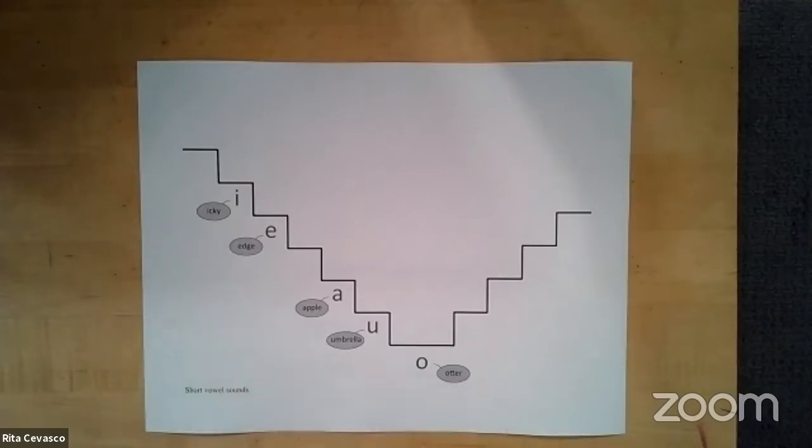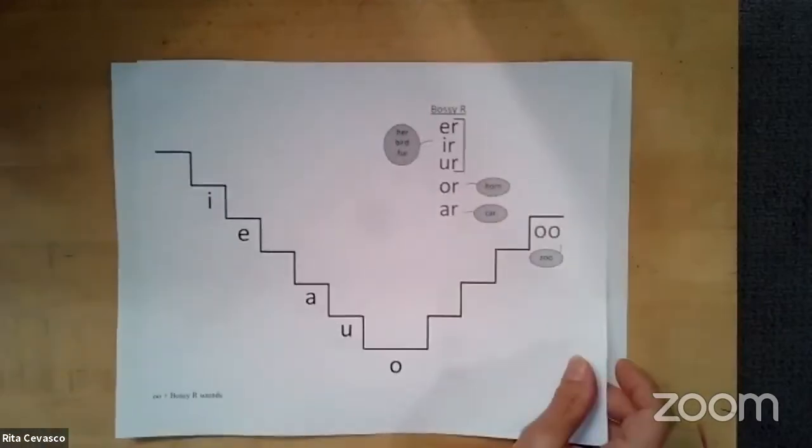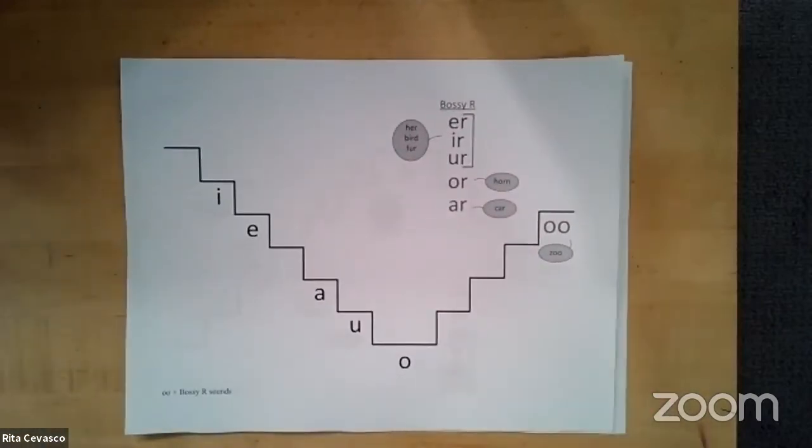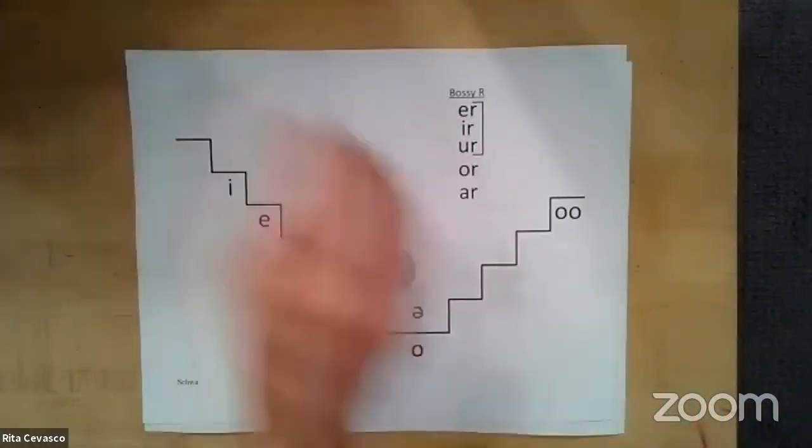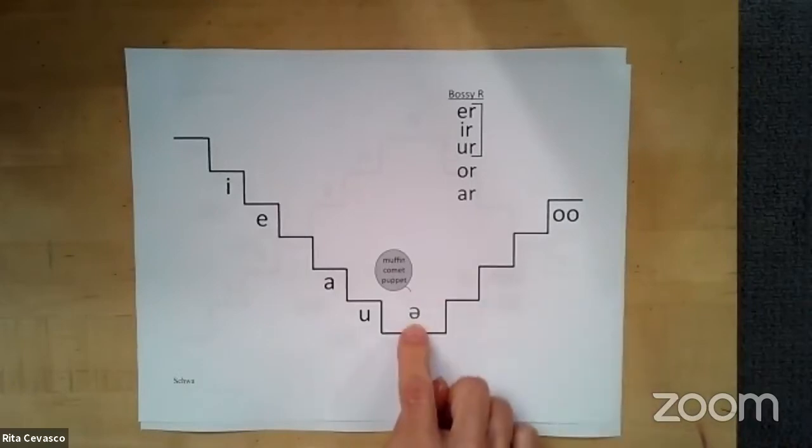And the problem with their chart was they didn't put in optional spellings beyond a certain level. So they began, first of all, they didn't add the schwa. So that was a little problematic.